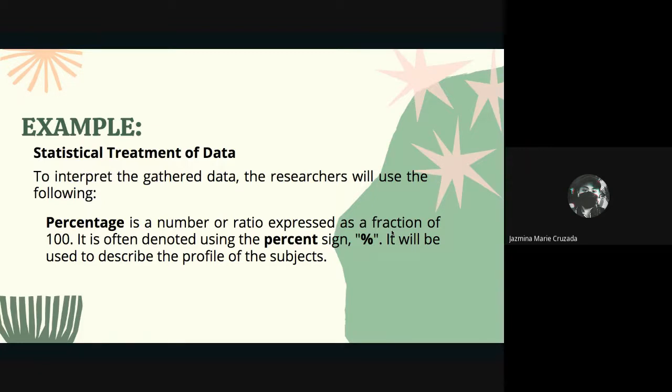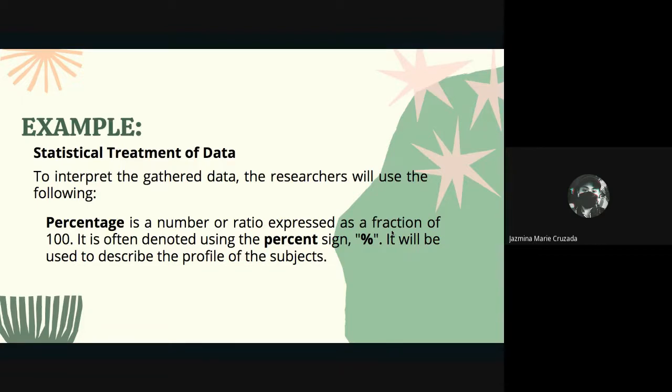Percentage, a number or ratio expressed as a fraction of 100%. Percentage is often denoted by the percent sign. Bakit natin ito kailangan gamitin? It will be used to describe the profile of the subjects.